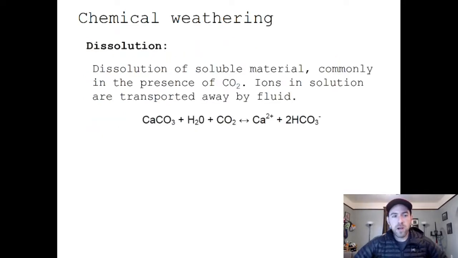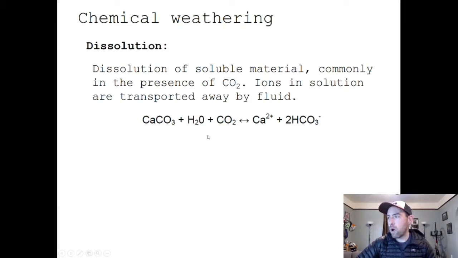So first off, we'll talk about dissolution. Dissolution of a soluble material will typically occur in the presence of CO2, right? CO2, when dissolved in water, is acidic, and so it can dissolve rock material, like in this case calcite, CaCO3, which is calcium carbonate.